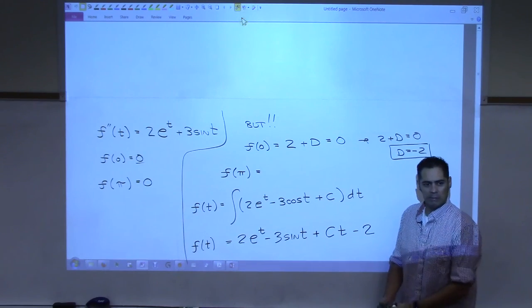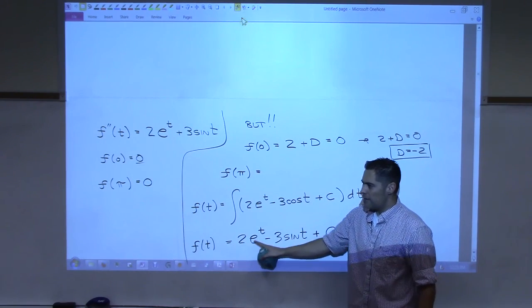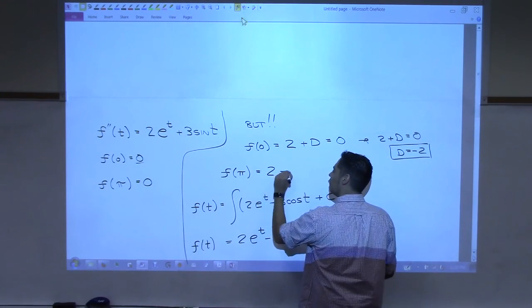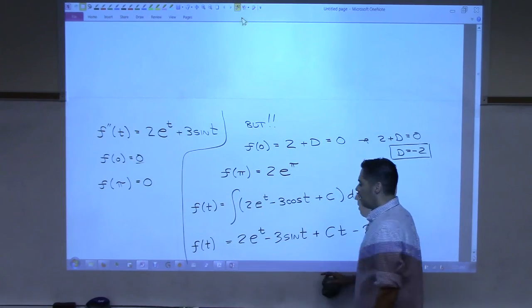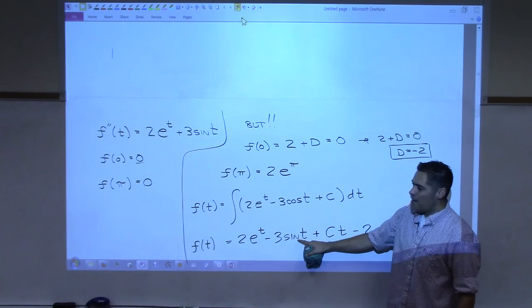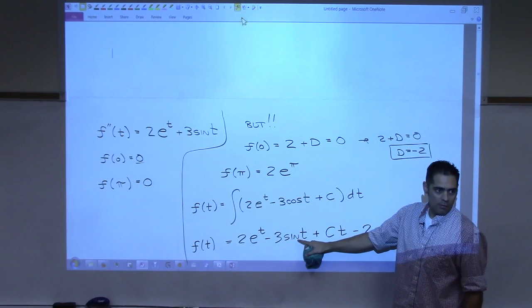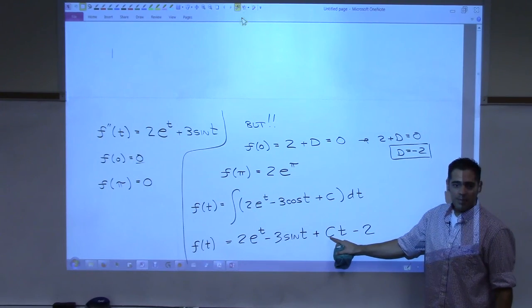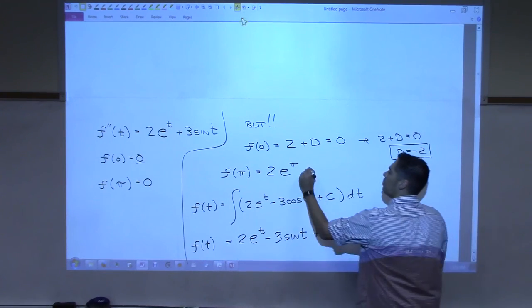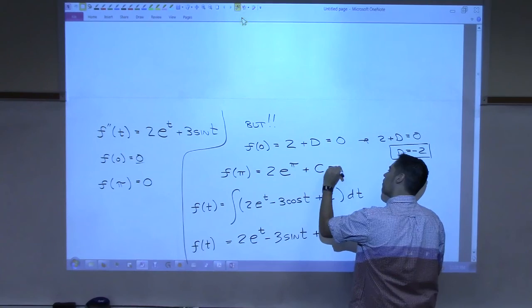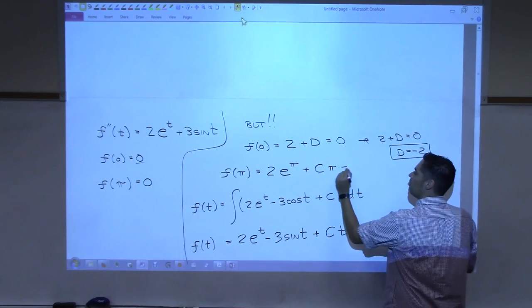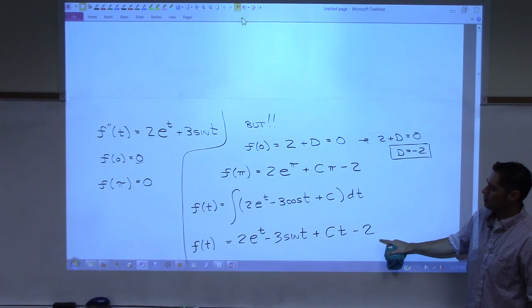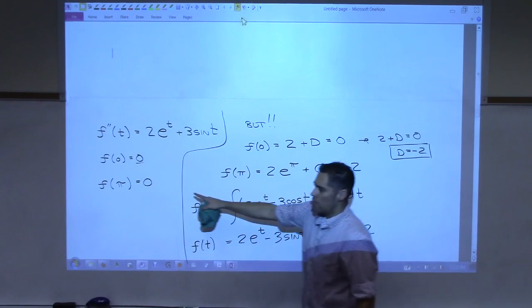Ooh. 2e to the pi is 2e to the pi. Minus 3 times sine of pi is 0. Plus c times pi, so plus c pi, minus 2, must equal what? 0. Must equal 0.